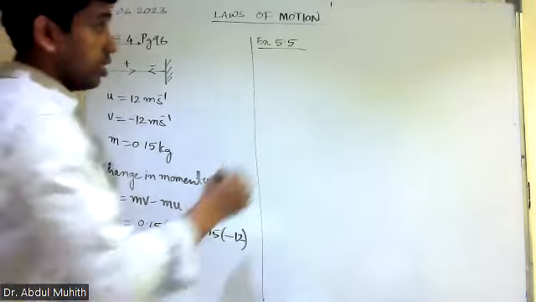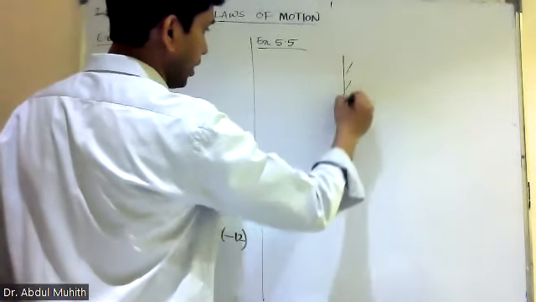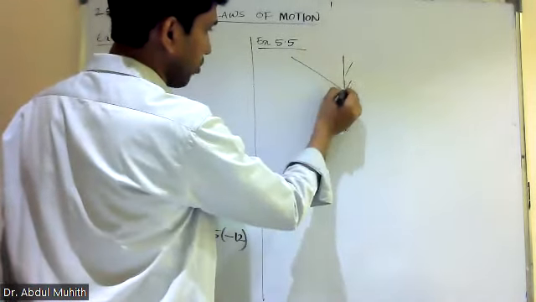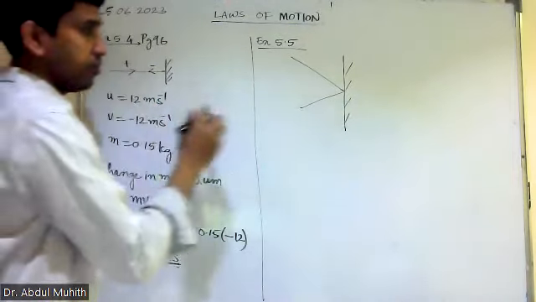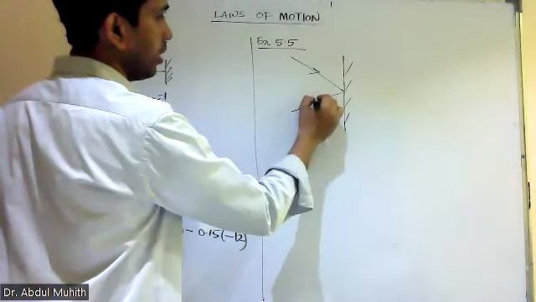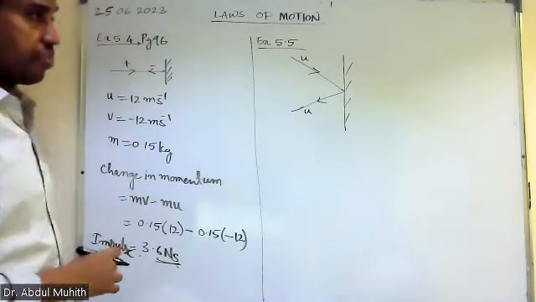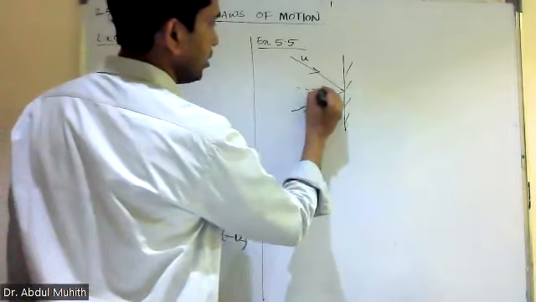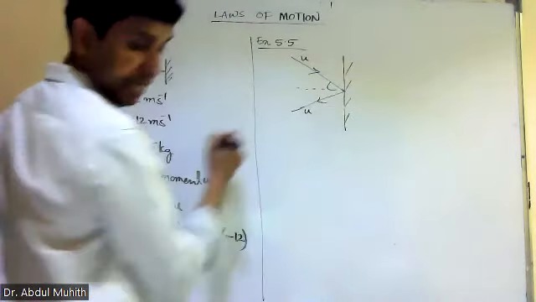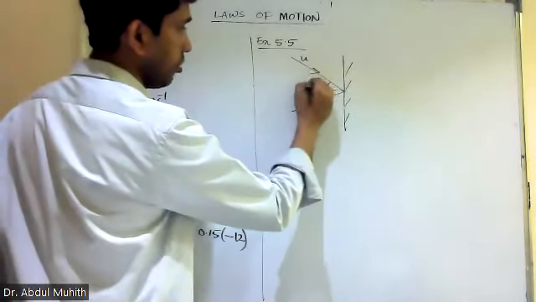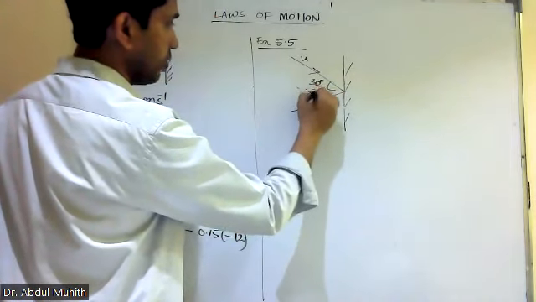See here, suppose there is a ball here, it hits at an angle. I'm not going to do the straight one, the straight one we already did. See here, this is the initial velocity, and the final velocity is the same. Now, this is the angle. It made an angle of 30 degrees with the horizontal. This is also 30 degrees with the horizontal.